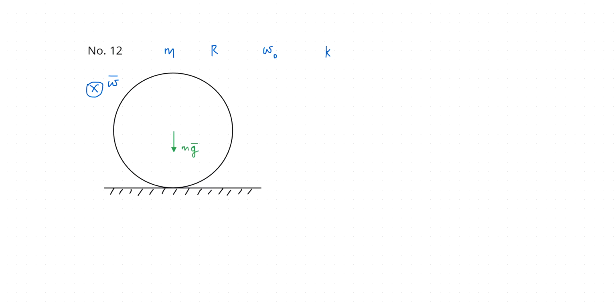What else do we have here? Because if we have only mg, the cylinder will fall down.